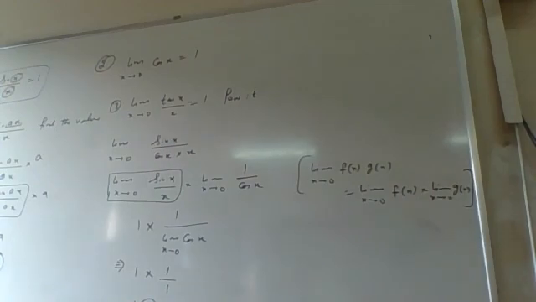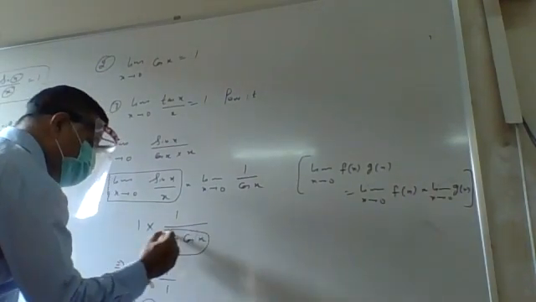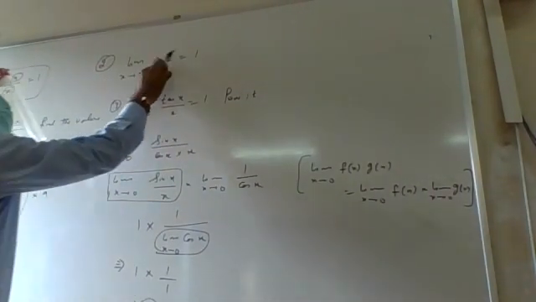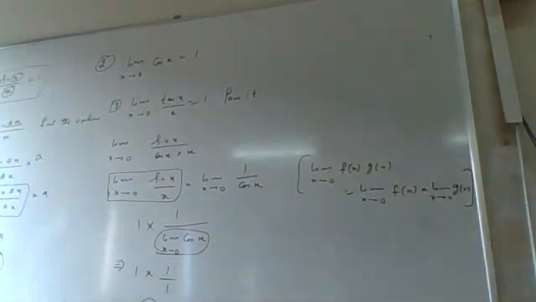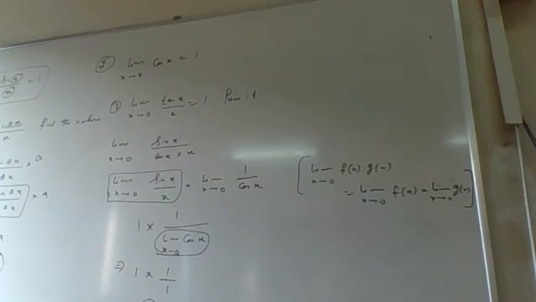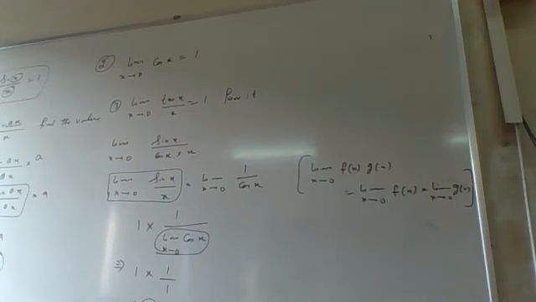Why? Because limit x tends to 0 cos x is equal to 1. Note that please. Then we will move to the next slide. Feel free to discuss the doubts.